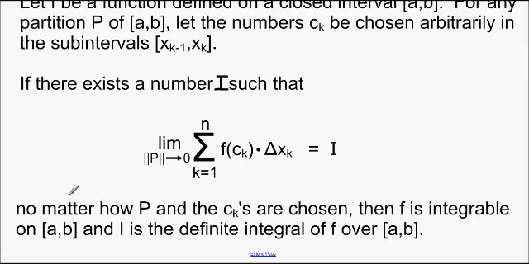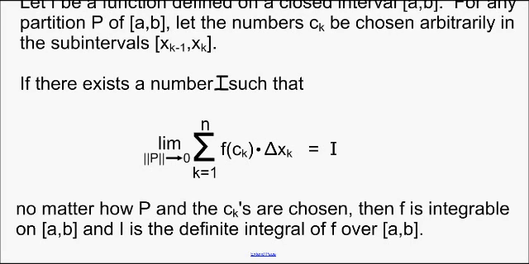That's I down there. Okay. No matter how P and the c sub k's are chosen, then f is integrable on a comma b, and I is the definite integral of f over a comma b. So that's a lot of words.